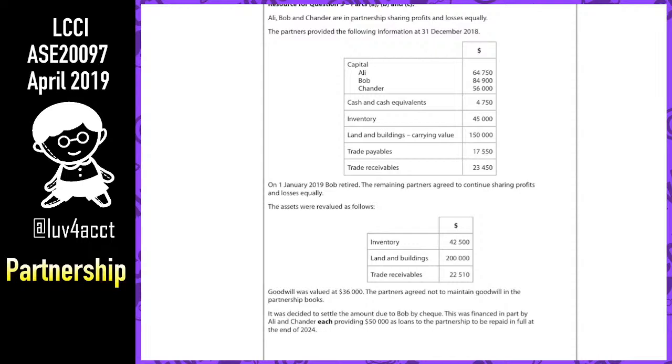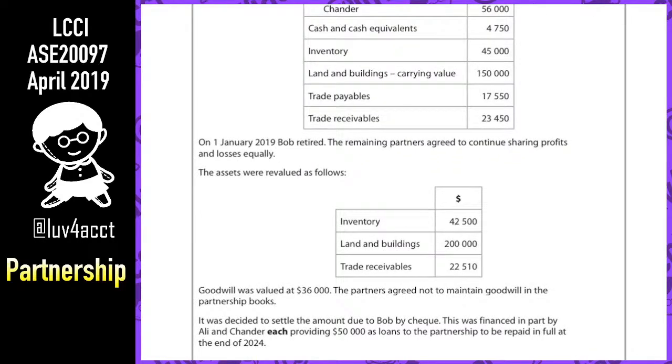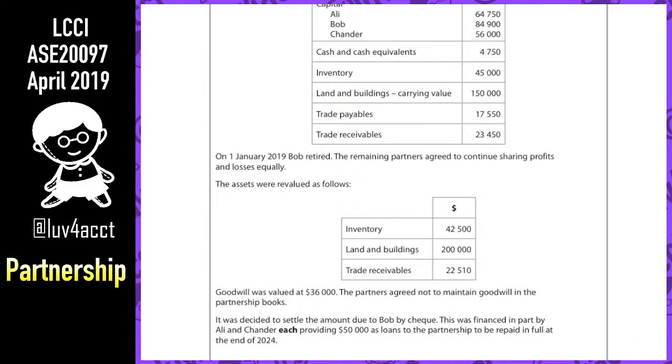So three assets are revalued, and then goodwill was also revalued, but it will go into the capital account of the partners. Let's see. Inventory is now 42,500. That is a decrease of 2,500. Land and buildings carrying value was 150,000.